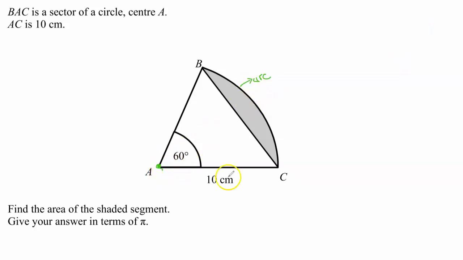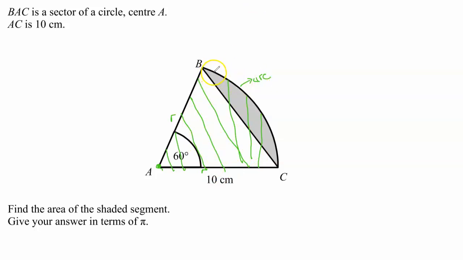So that makes the line AC a radius, because a radius is a straight line that runs from the center to the circumference, and also AB is a radius. So the entire shape right here is bounded by two radii and the arc. So this is called a sector.